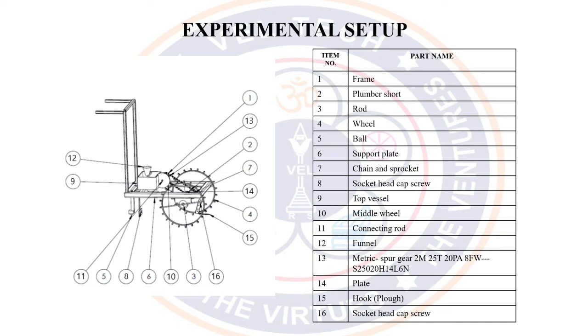Top vessel. 10. Middle wheel. 11. Connecting rod. 12. Funnel. 13. Metric spur gear 2M25T20 PA 8FW, S25020H14L6N. 14. Plate. 15. Hook, plow. 16. Socket head cap screw.